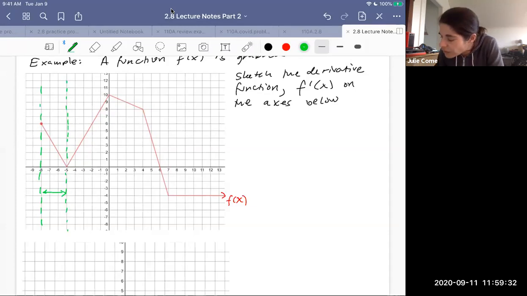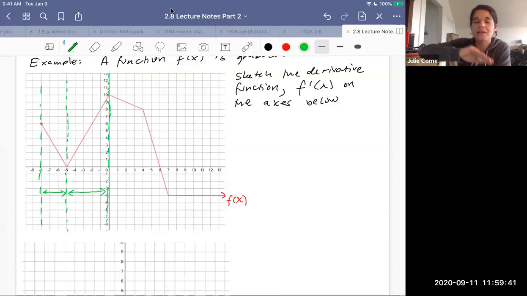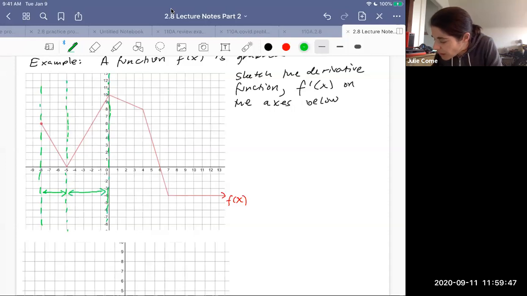My next interval takes me from -5 over to x equals 0, because it looks like that's a constant linear function on that interval. And then we have a linear piece that goes from x equals 0 to x equals 4.